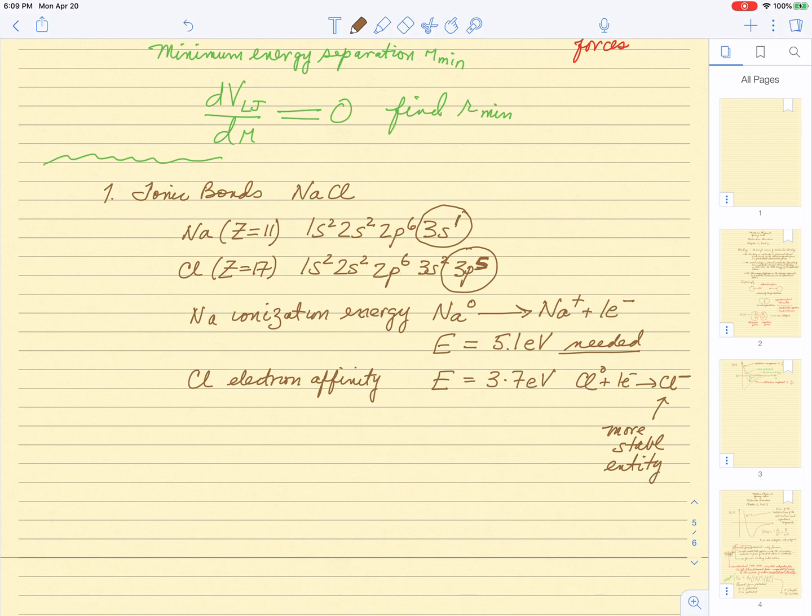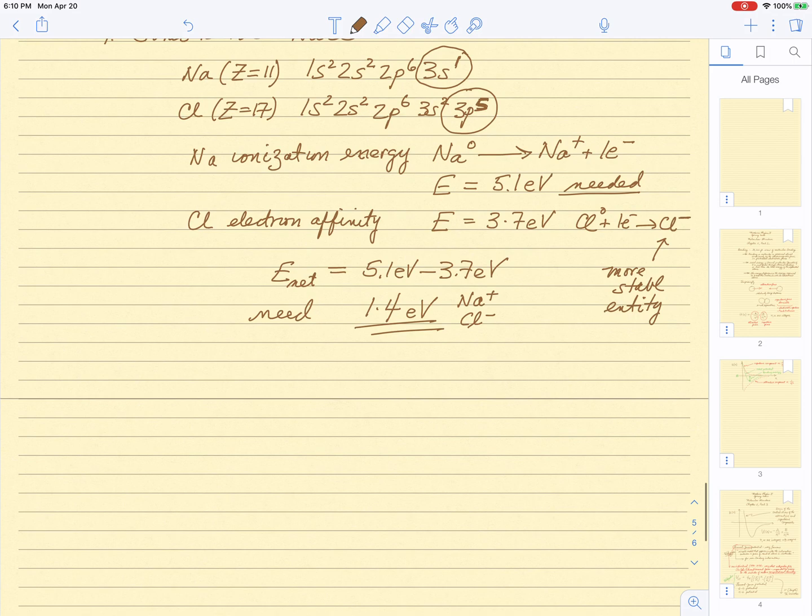So some energy is given up by that process, and overall the net energy is going to be 5.1 electron volts minus 3.7 electron volts, so we need 1.4 electron volts to make sodium plus and chloride minus simultaneously.